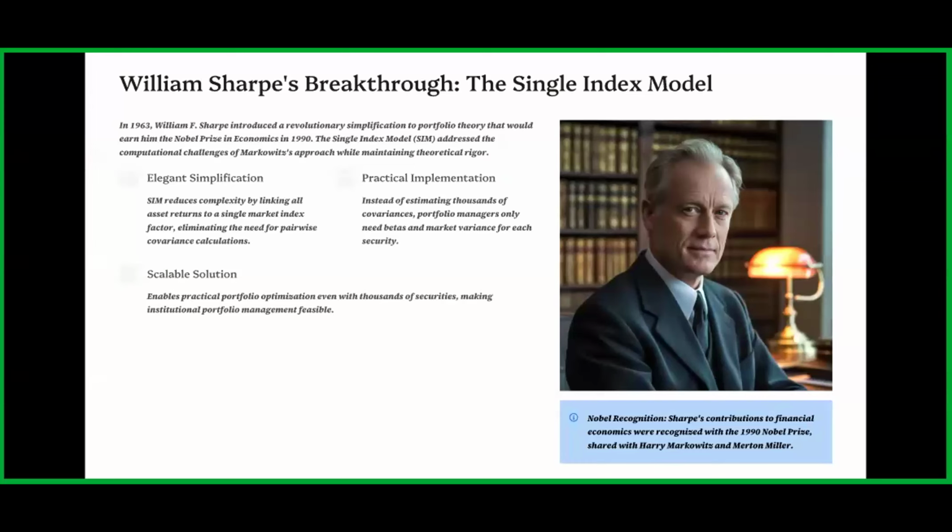In 1963, William Sharpe introduced the single index model theory as a simplification of portfolio theory, which earned him the Nobel Prize. The single index model addresses the computational challenge of the Markowitz approach while maintaining the theoretical rigor. In the single index model, we consider all the companies of the same sector as a single index, and then we calculate the risk and the return.